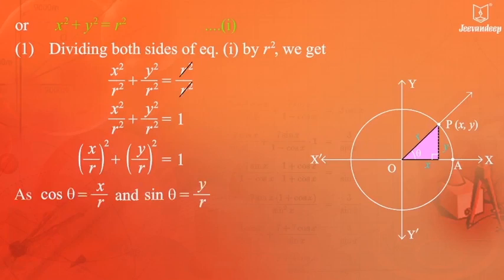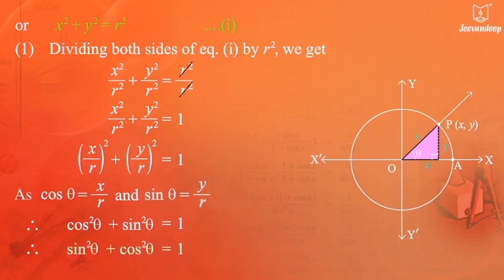From the above calculated trigonometric ratios, we can replace x upon r by cos theta and y upon r by sin theta. Thus, cos square theta plus sin square theta equals 1, or sin square theta plus cos square theta equals 1.